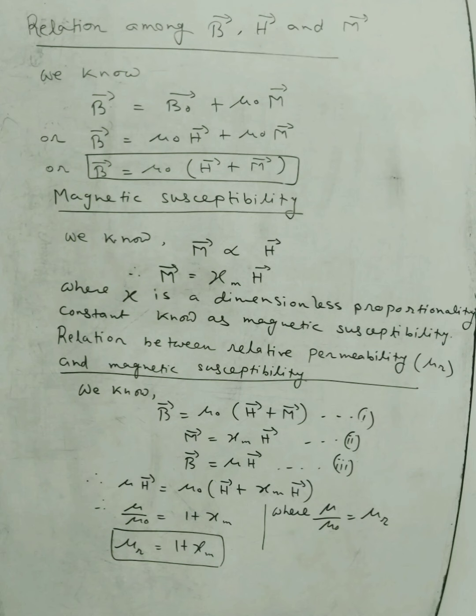Xi is known as the magnetic susceptibility of that medium, of that magnetic material.